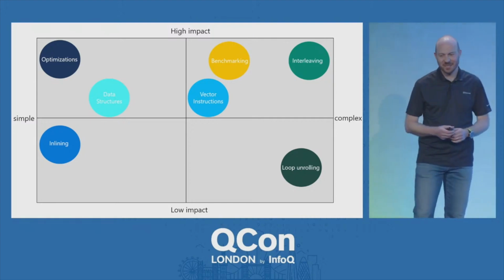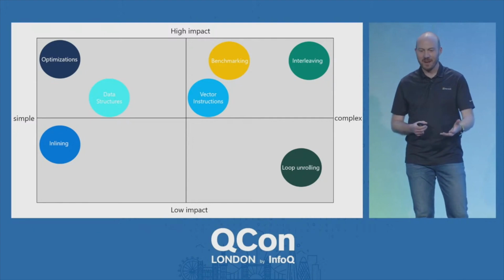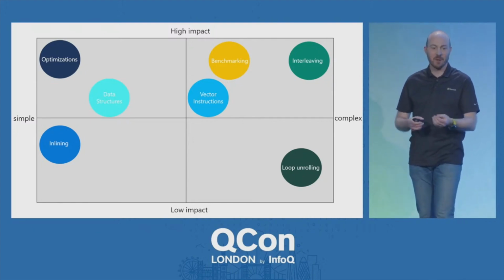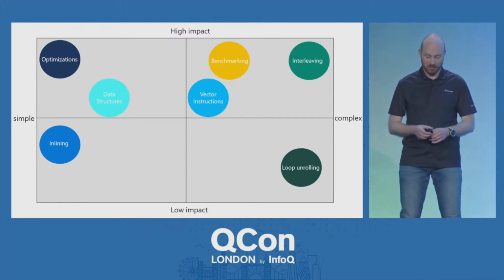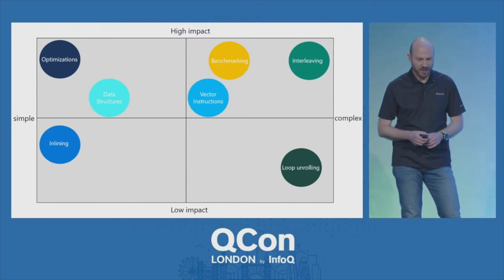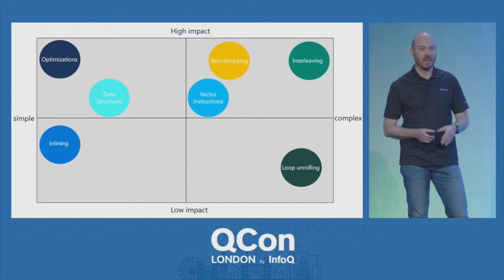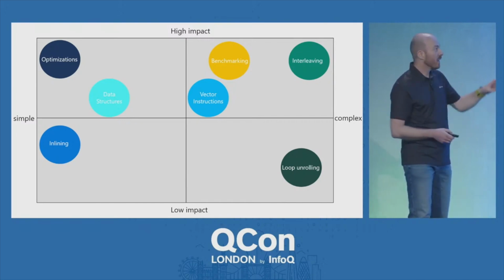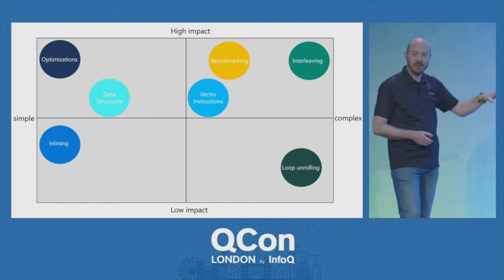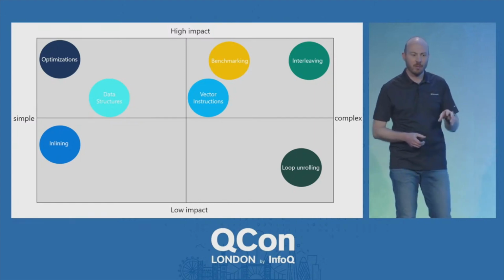Yeah, good question. The question was about if we measure something, then we affect it. So if we're doing benchmarking, how do we know we're not affecting performance? The answer is, in my opinion, you have to do lots of different types of benchmarking. In the example I've gone through throughout this talk, we've really been doing a kind of micro benchmarking.